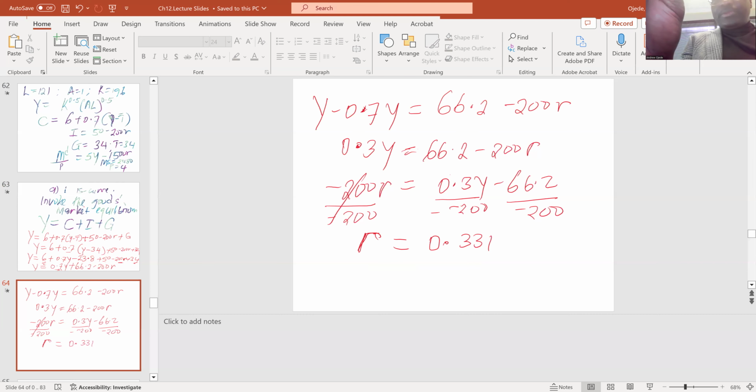And 0.3 divided by negative 200 is a negative number, so that's negative 0.0015Y. This is your IS equation.